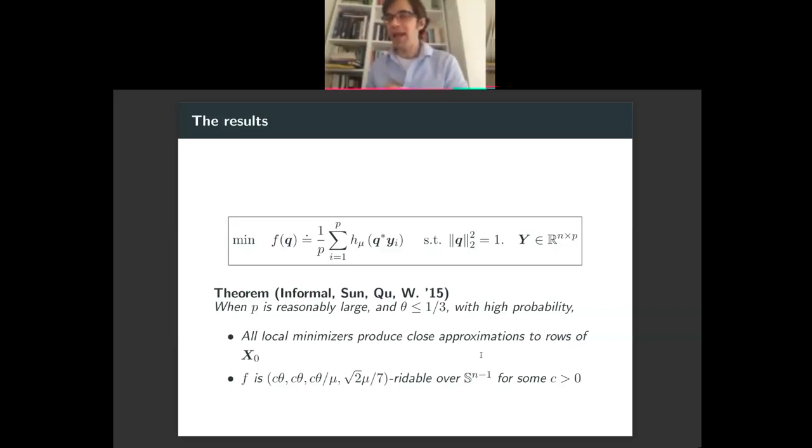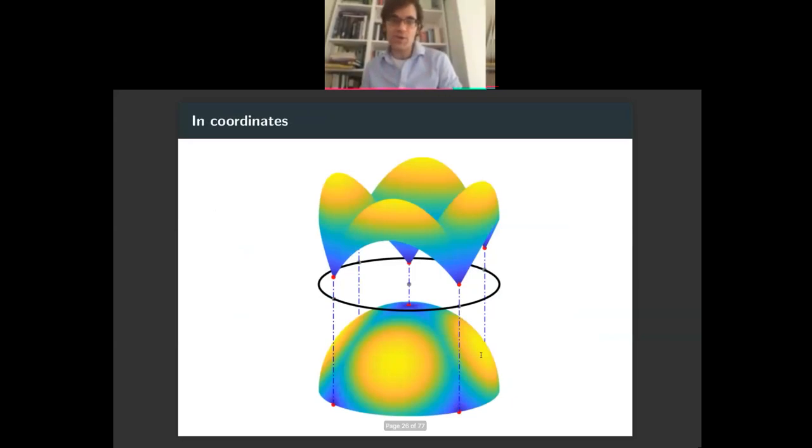And the function has this auxiliary property that at every bad point, every point that's away from a minimizer, there's either a strong gradient or a direction of negative curvature. The way the analysis goes is to think about the symmetries of this problem and think about symmetry breaking directions as negative curvature directions. So most of the work is showing that in between two good solutions, you don't get stuck.